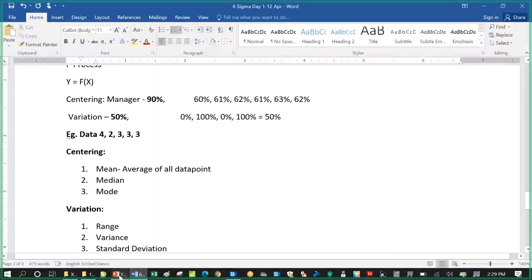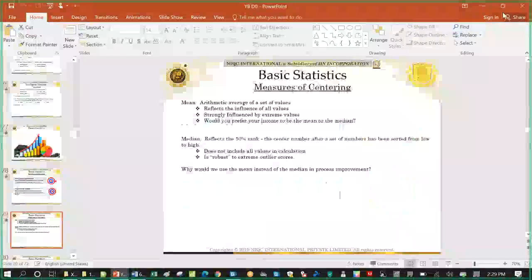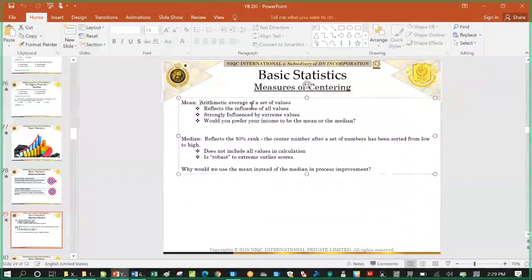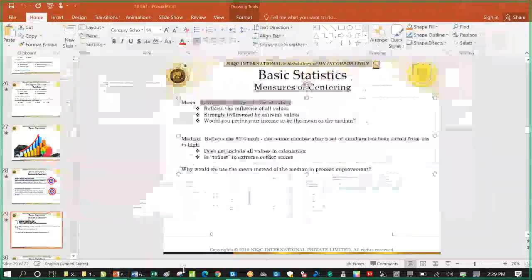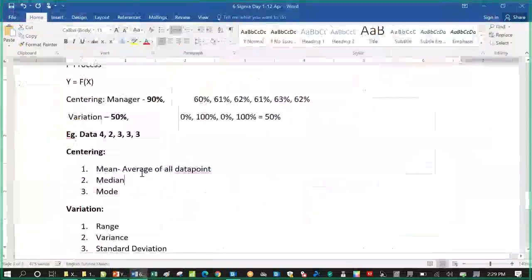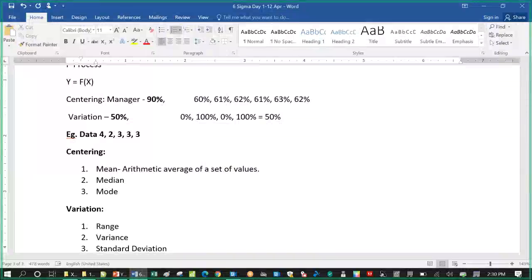That tells you what your mean is and what the targeted mean is.